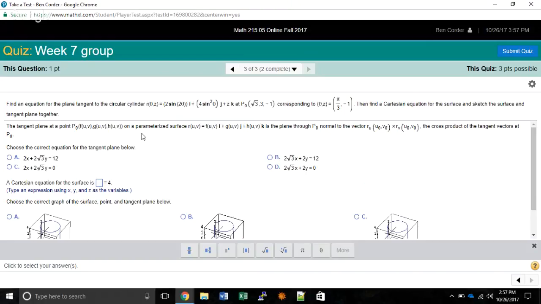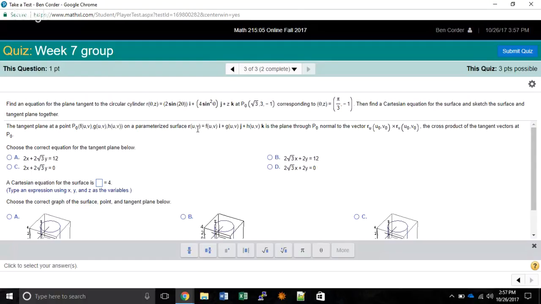Okay. So probably want to use derivatives. We do want to use the derivative now. What is with the vector RU and RV? That's R in terms of U and R in terms of V, but we don't have U and V. We have U is theta and Z. U is the first value, V is the second value.